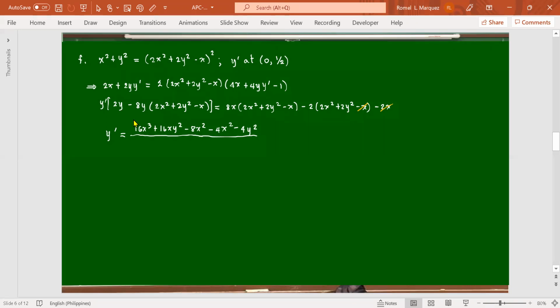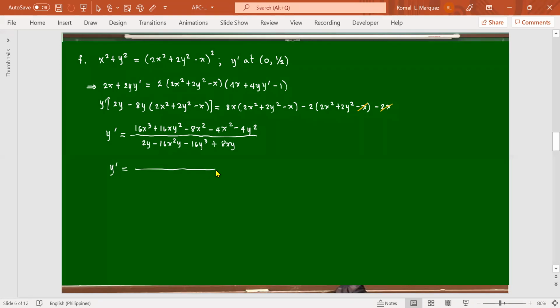All over, what about here? 2y minus 16x squared y minus 16y cubed plus now 8xy. Okay. May common ba, guys? Wala. We can just simplify further, no? The numerator.